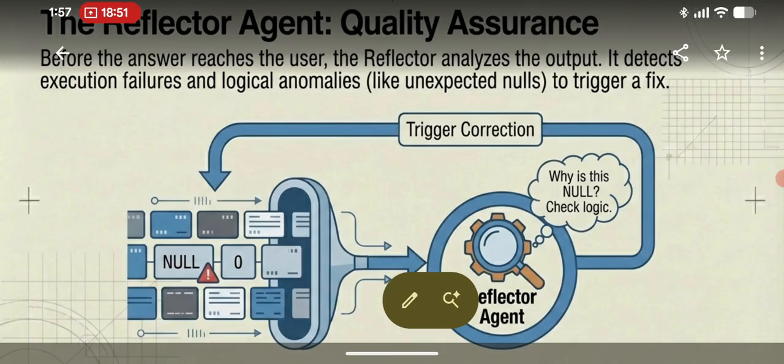If after repeated attempts, 3 to 5 attempts, it still fails, a human intervene agent can be provided so that it can look into the answers given and correct the agents or the metadata information.